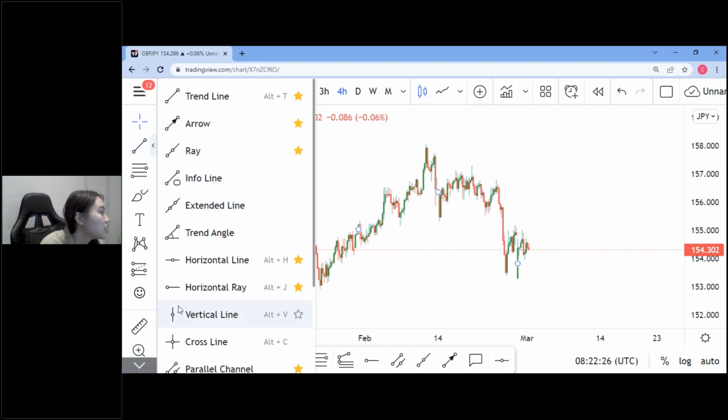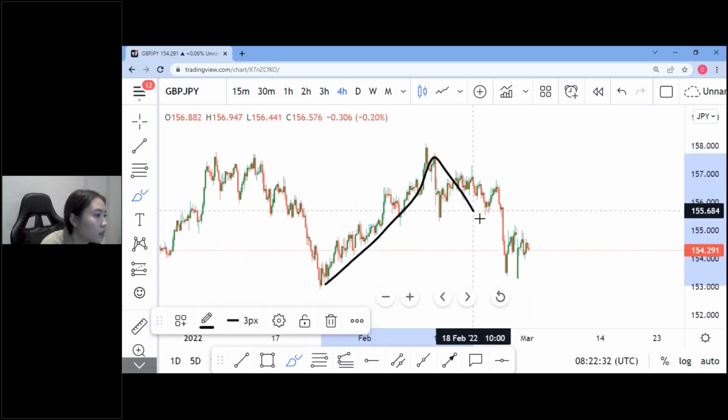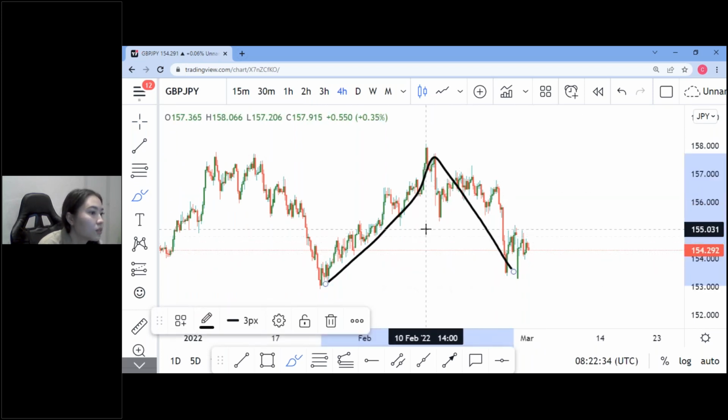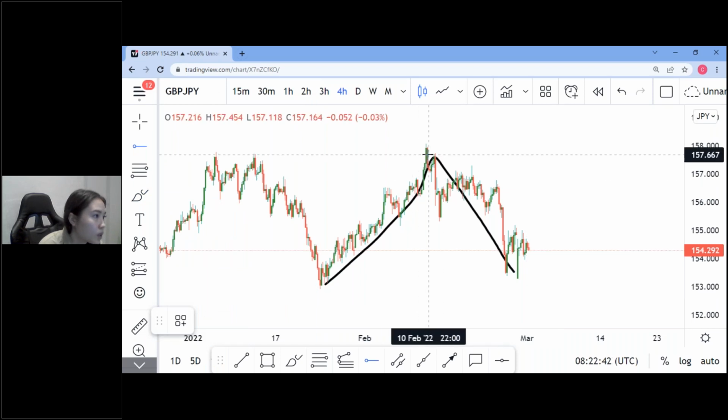Okay, so remember I said identify the V. There is a V right here. Do you see the V? Okay, that's okay. Do you guys see the V?